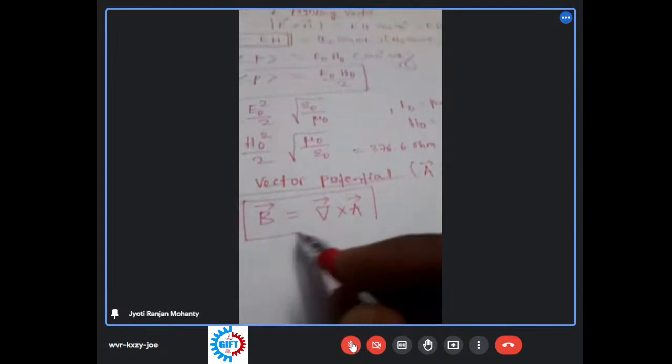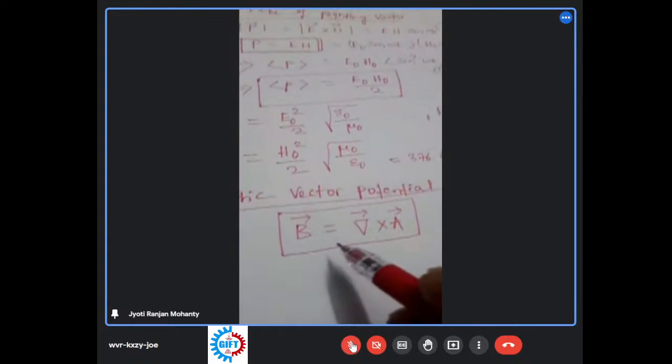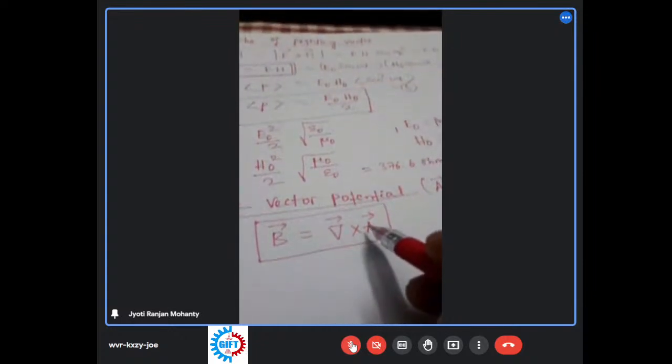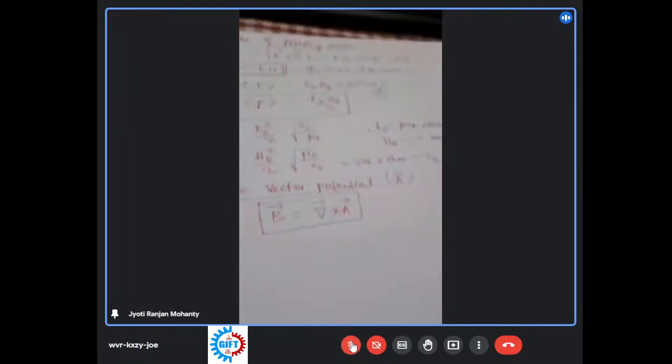That means from the vector potential we are getting the magnetic field. So that vector field is known as vector potential. समझ में आया?